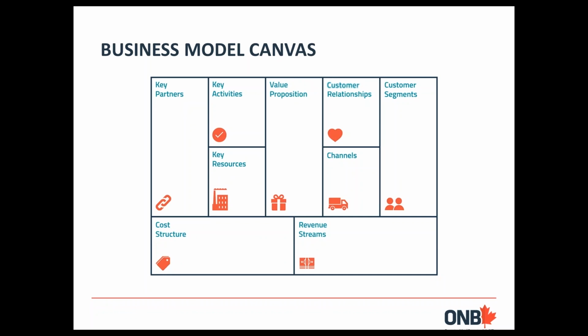The next key part that we tie into is the key partners, the key activities, and the key resources. And these are the behind the scene people. Think of it this way. If you're going to buy a car, what you see is the outside of the car. You see the leather, you see the windows, you see the steering wheel. What you don't see is the engine that makes it all work.